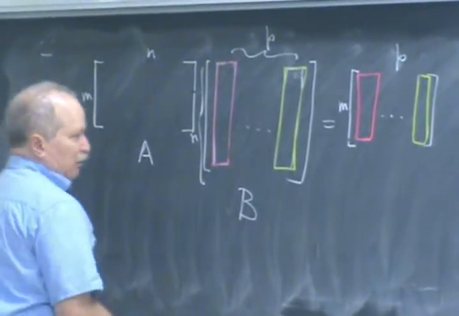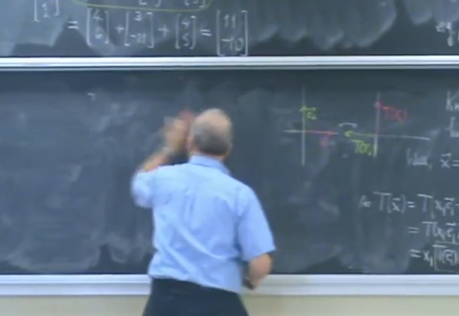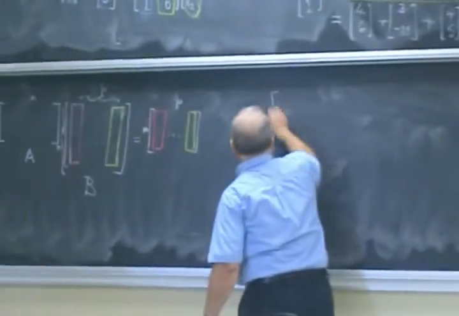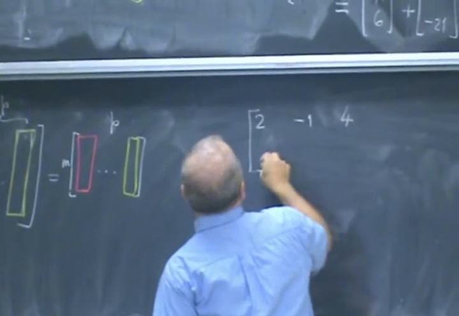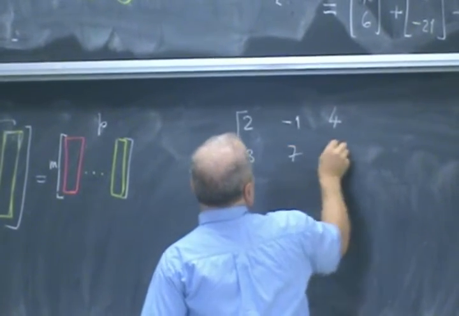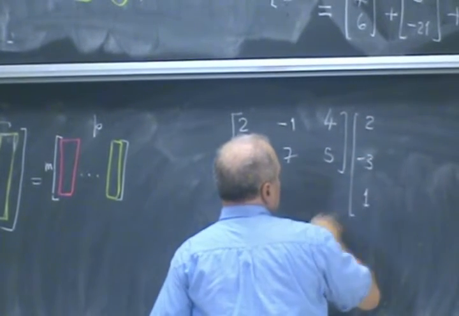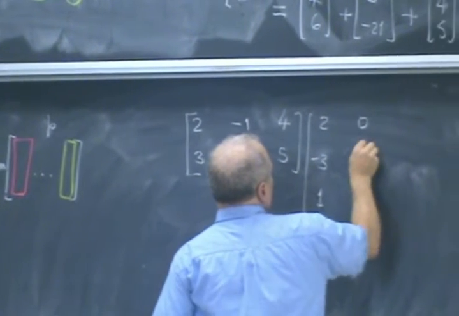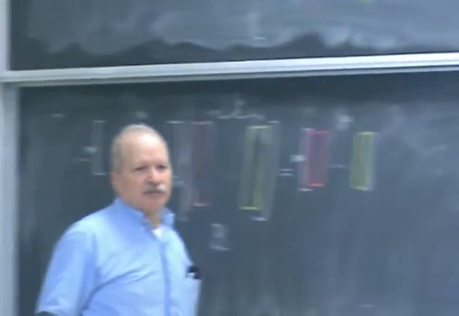So for example, let's actually cheat. Let's use the same A I had before, and the same first vector I had before. And then let's say I have a second vector. What should the answer be? What shape?